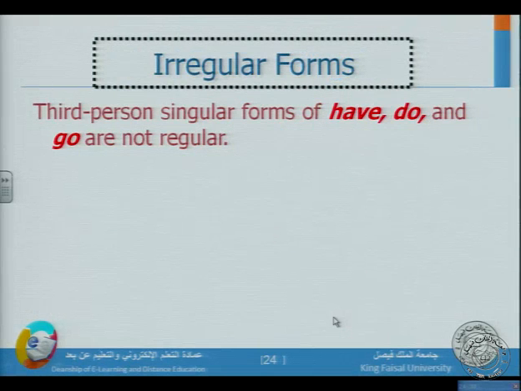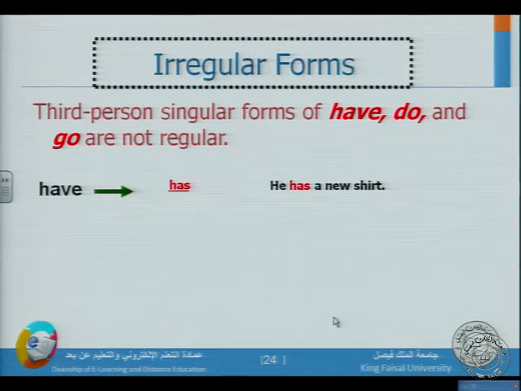We have some irregular forms. I want you to pay attention to the verbs have, do, and go. These verbs are not regular with a third person singular. Have becomes has.